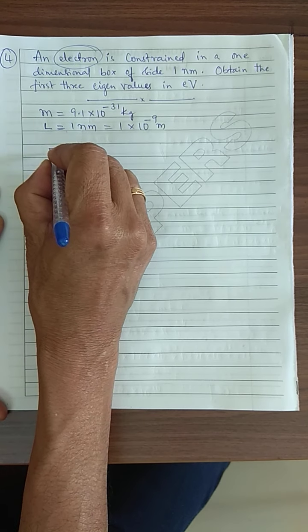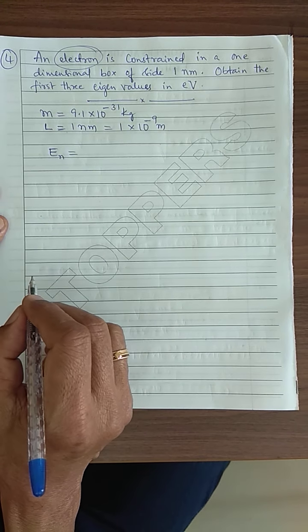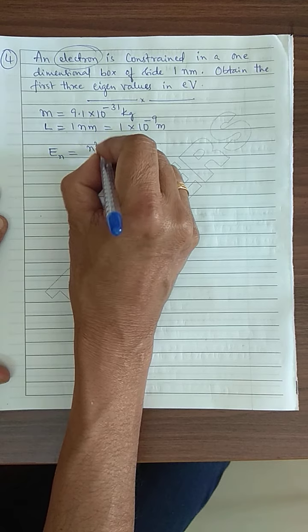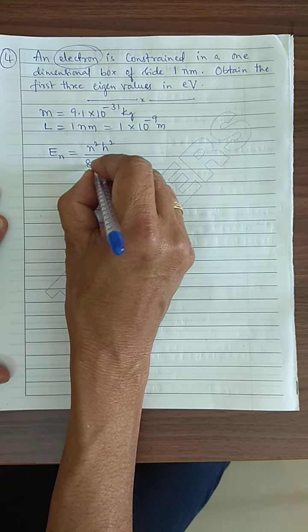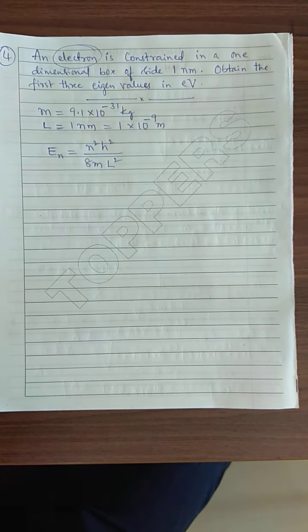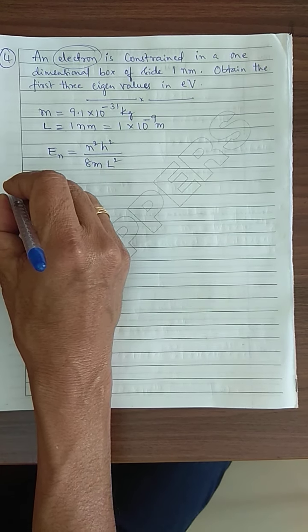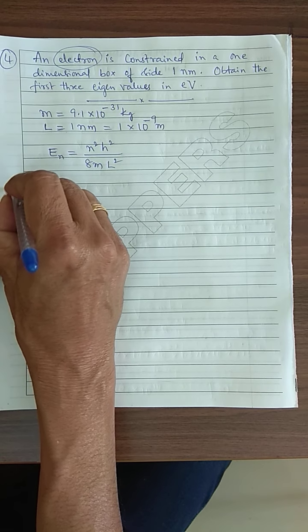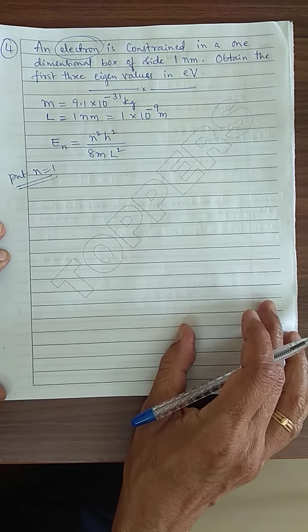Formula: En is equal to n square h square divided by 8mL square. Right, this is the formula. Now put n is equal to 1 for the first energy level.